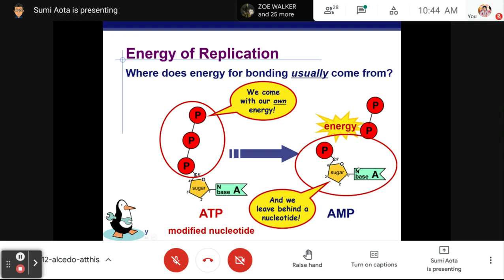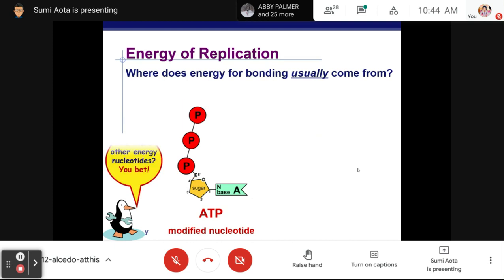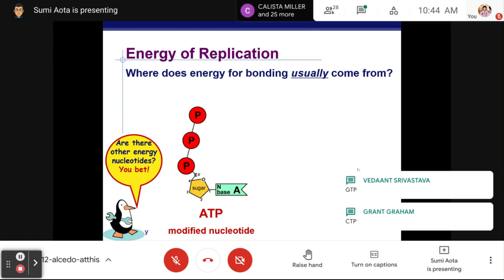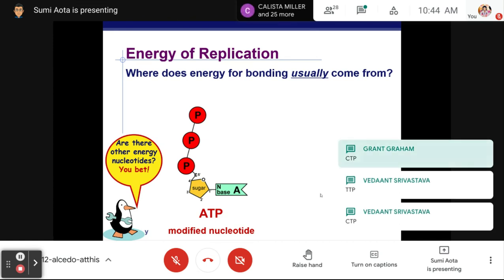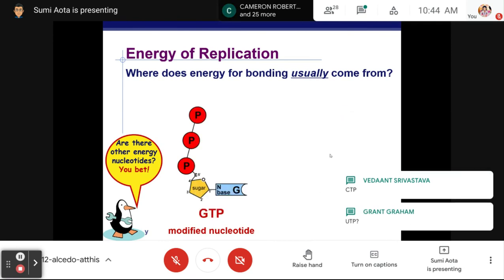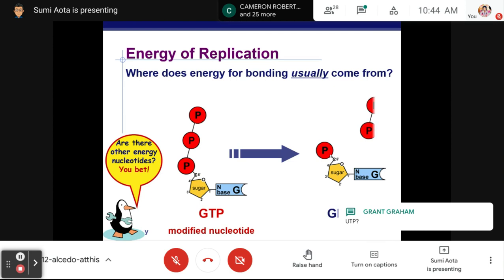And they leave behind a nucleotide. So what other energy nucleotides must there be then for this to work? Yeah, GTP, TTP, and CTP. There is also UTP when we talk about RNA.